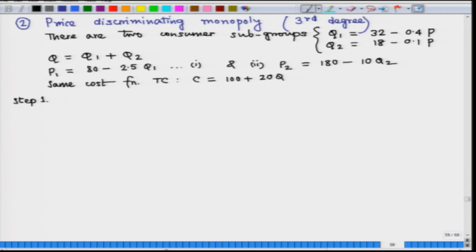So, first we are going to write down the profit expression. So, profit will be the revenue from market 1 plus revenue from market 2 minus the total cost of production. So, we have seen how to derive the revenue function. So, I am not repeating each and every step, I am just giving you the final outcome.